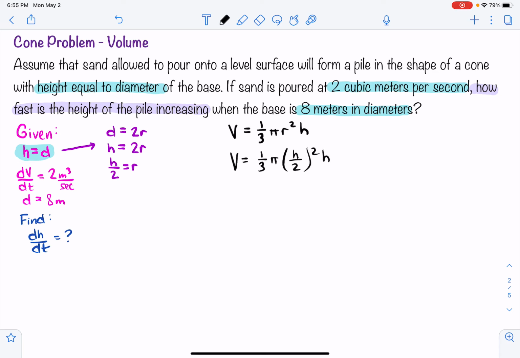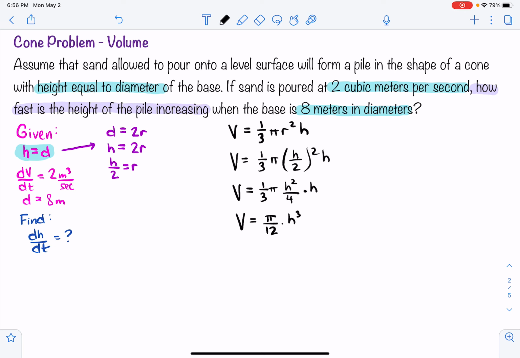I can distribute that squared. And now I can clean this up by using exponent rules and then multiplying fraction by fraction. So therefore, this becomes pi over 12 times h cubed.